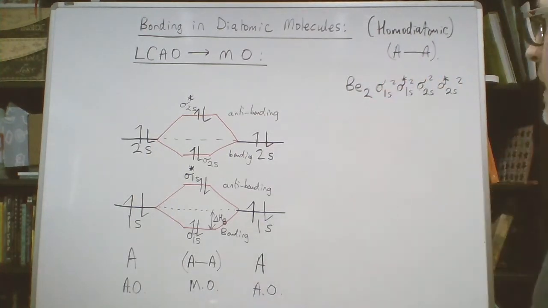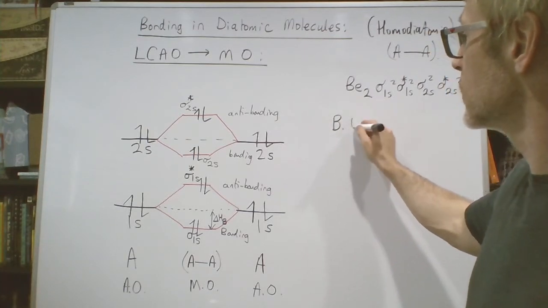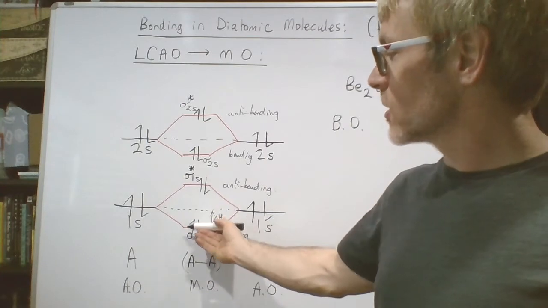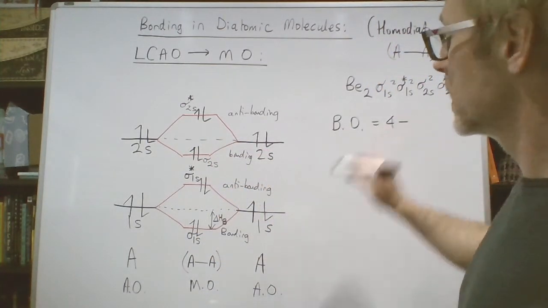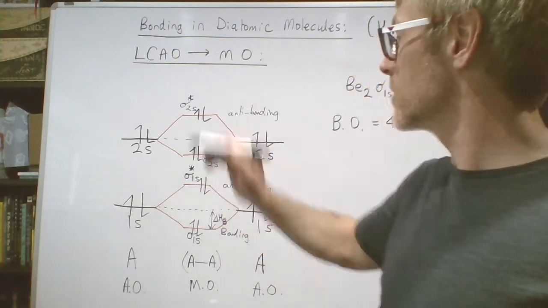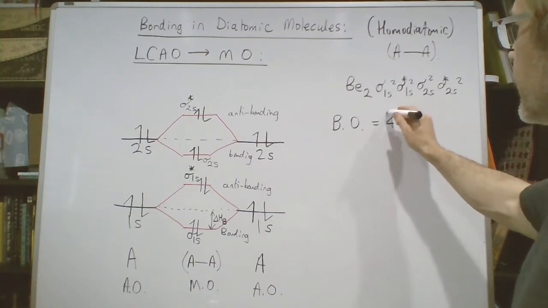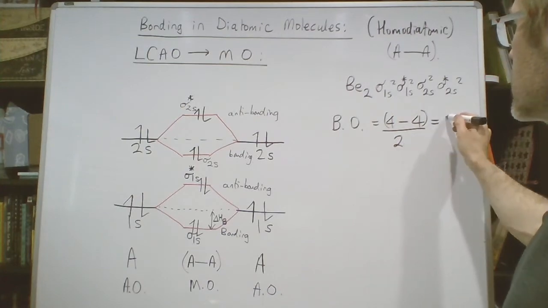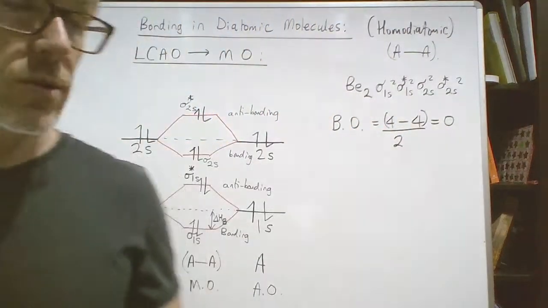So there's my 8 electrons total. Let's see if it's a bona fide molecule. For the bond order, I've got bonding electrons 2 here and 2 here, so that's 4. The anti-bonding electrons, I have 2 from the 1s star and 2 from the 2s star, so that's 4. Take the average, that's 0. So we have theoretical evidence that there's no such thing as diberyllium.